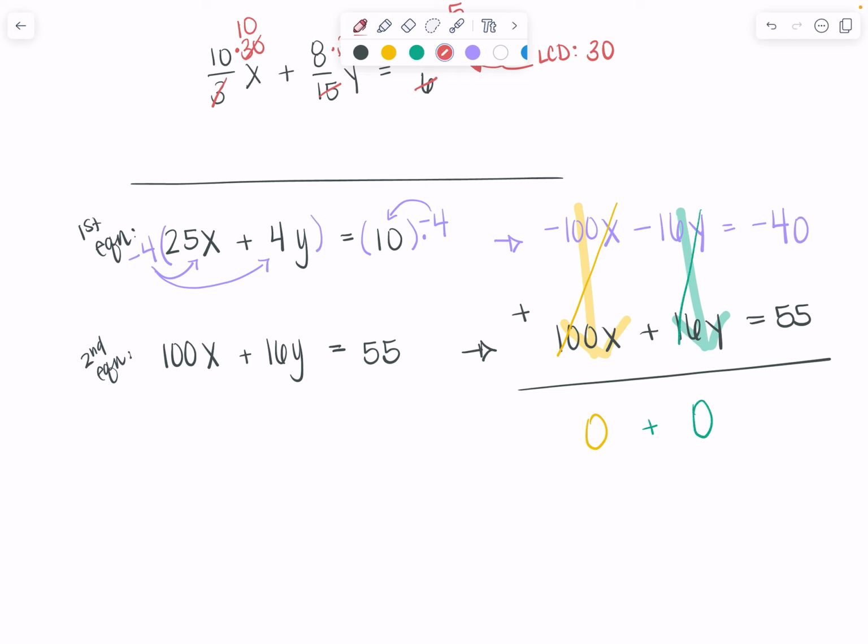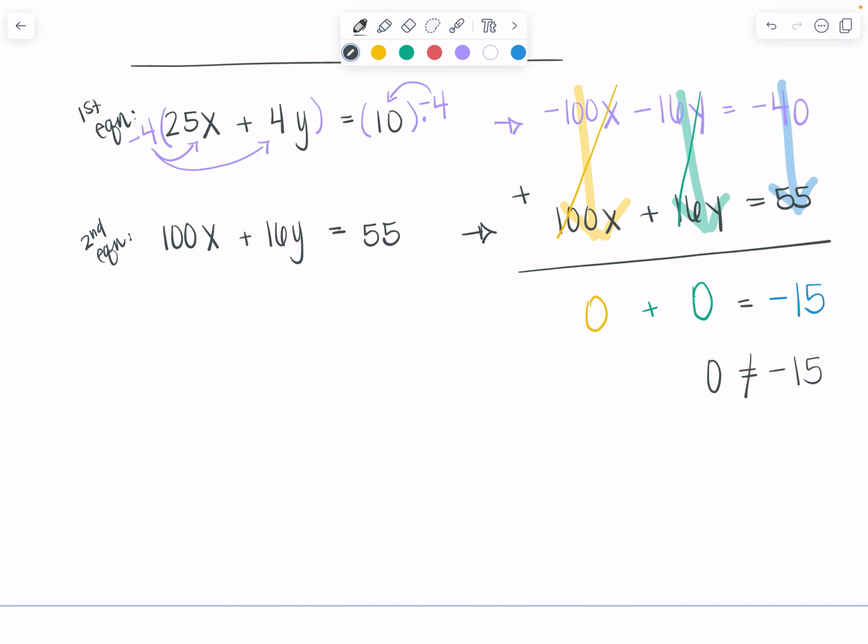And then the last one, negative 40 plus 55 is going to give me 15. So what I'm left with is 0 plus 0, which is 0, equals 15. And that is not a true statement.